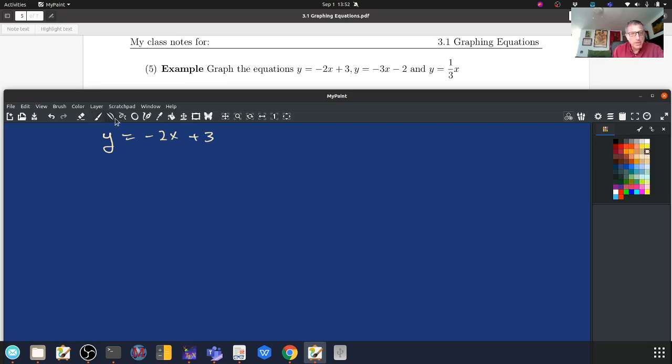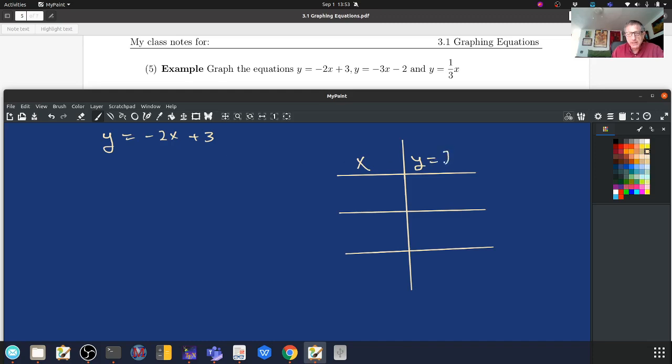So what we always do in this equation is we make a table of values of x and y, and I want 3 different values. We're going to do 3 different values. Here is x and here is y. But y is equal to minus 2x plus 3.